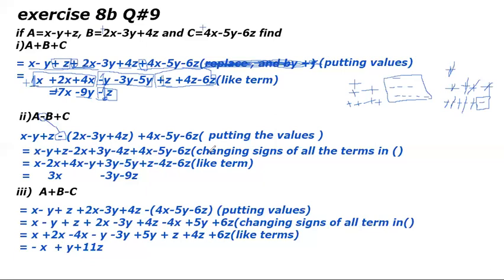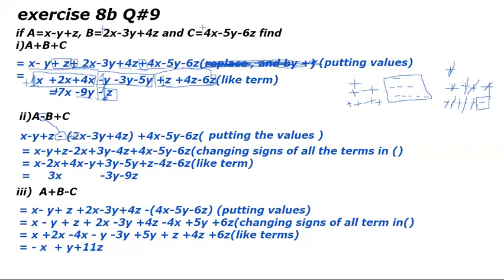You should keep it in the mind. Okay, the next step is changing signs of all the terms in the parentheses. Now we have to change all the signs which are in the parentheses. Now 2x, you can see there is no sign with 2x. It means that it has a positive sign.